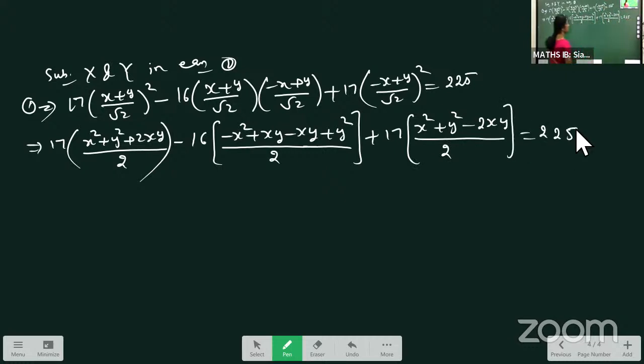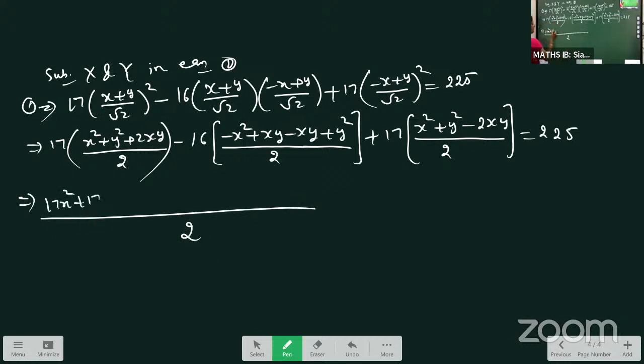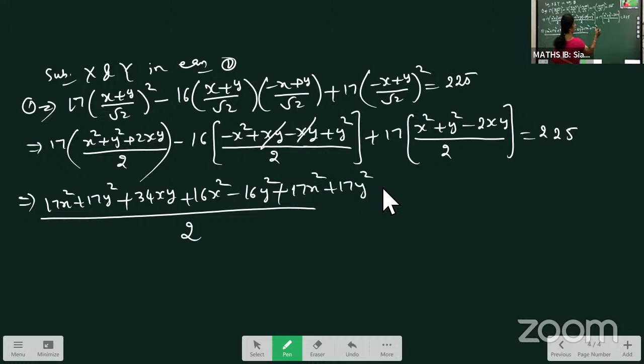Take the LCM. 2 is the common denominator. Open up with 17: 17x square plus 17y square plus 17 twos are 34xy. Multiply with minus: minus into minus plus 16x square, xy and xy cancel, minus 16y square, plus 17x square plus 17y square minus 34xy is equal to 225.